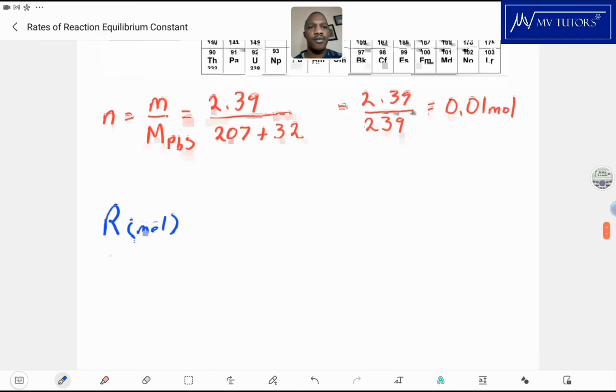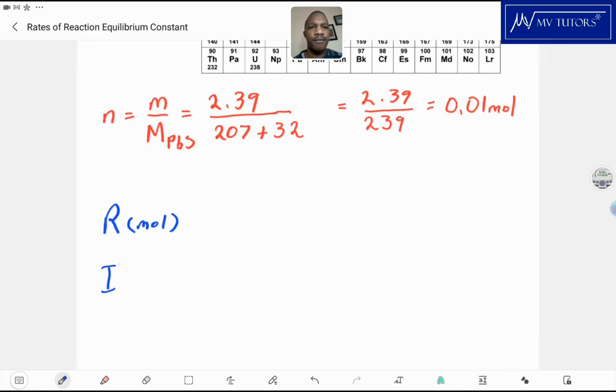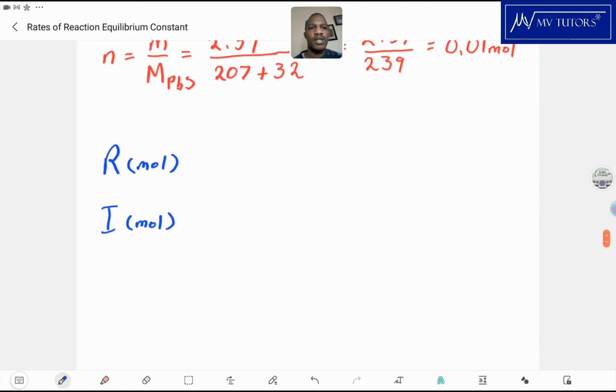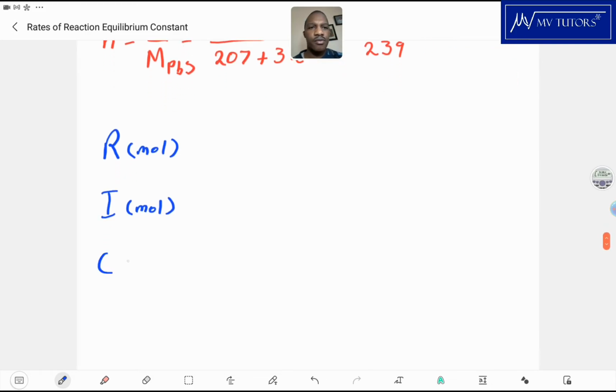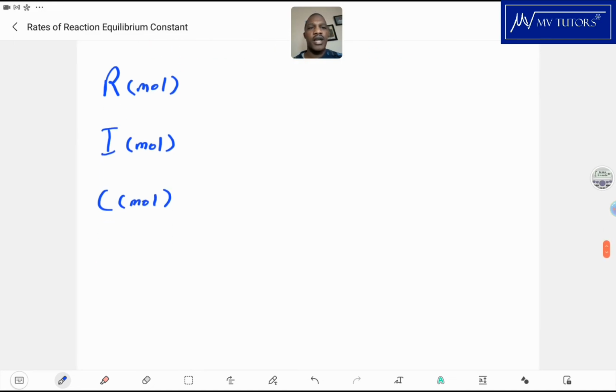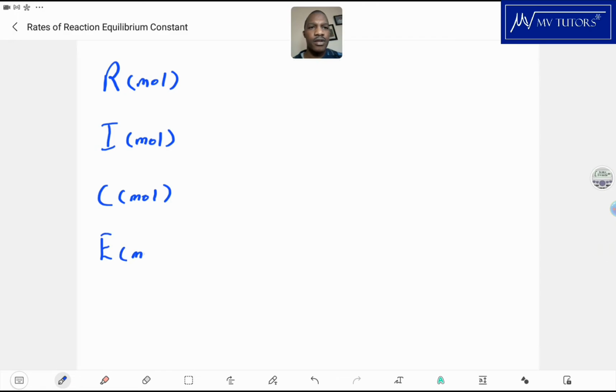And then we also want the I, which is in moles as well. And then the C, remember, it represents change, which is also in moles. And then we want the E. The first one is in moles, but the second one is in mole divided by decimeter cubed. So because we're dividing, it should be -3.